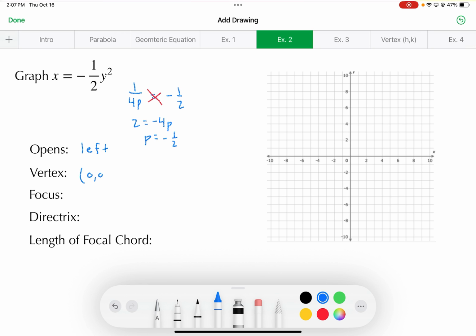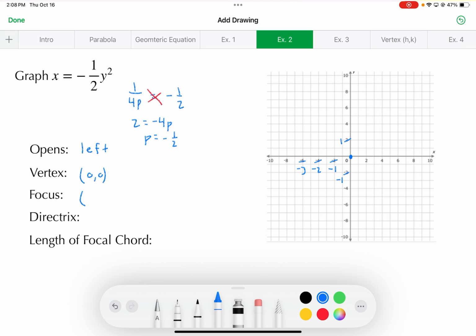Okay, so the vertex is the origin. All right, now, let's see. We've got, p is so small there, I think we may want to change our scale. How about we make this -1, -2, etc. And we can make this 1, we can make this -1.